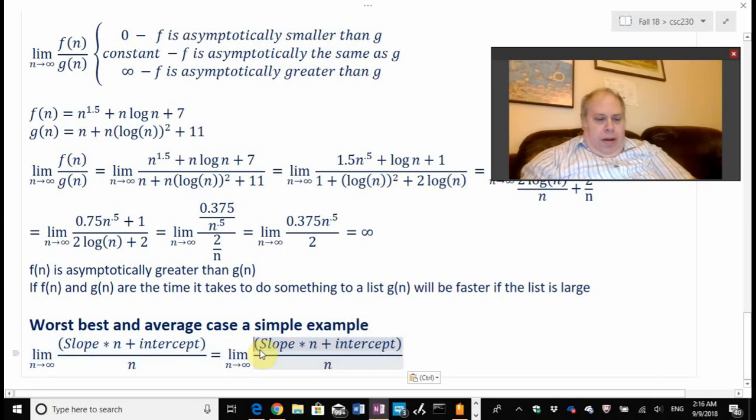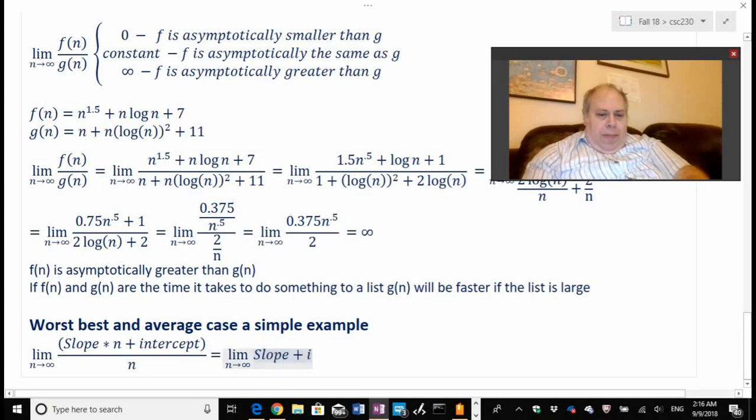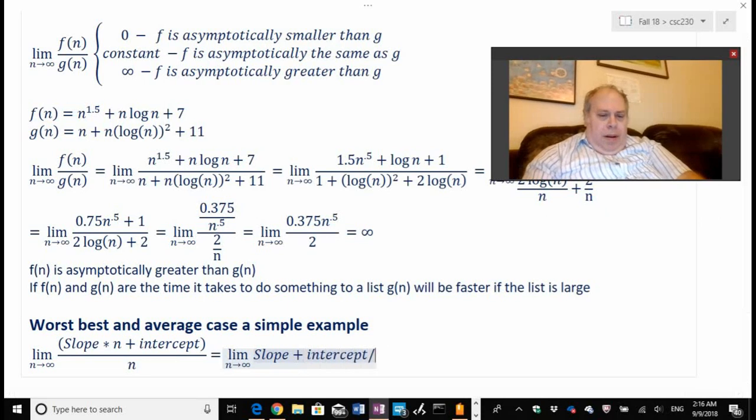So we can turn this little piece of math into just slope plus intercept divided by n.